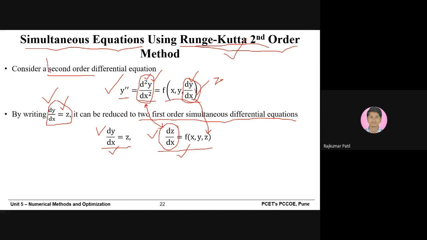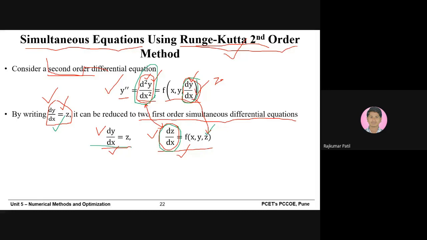Generally a second order differential equation is given to you: d2y by dx square is equal to f of x, y, dy by dx. What you need to do is just replace dy by dx by z. Once you replace dy by dx as z, you can also see the change in d2y by dx square, and that can be rewritten as dz by dx is equal to f of x, y, and z.